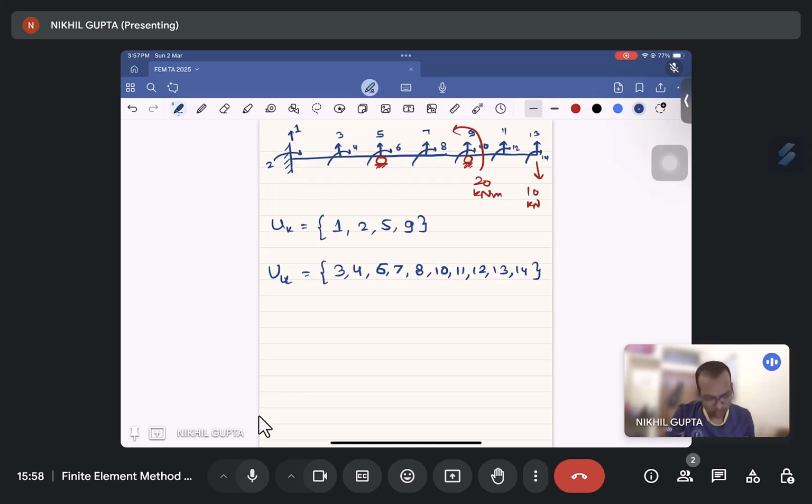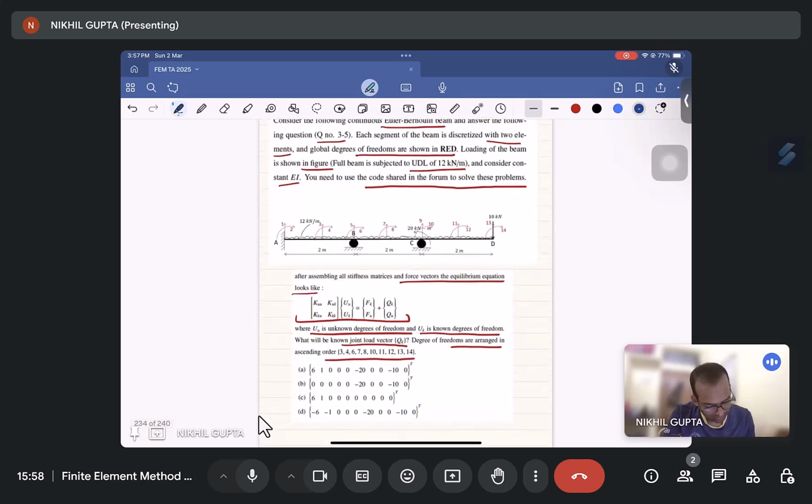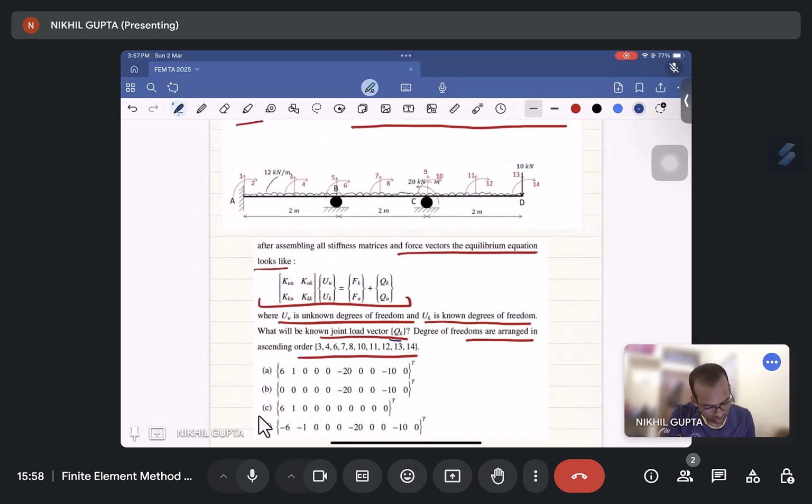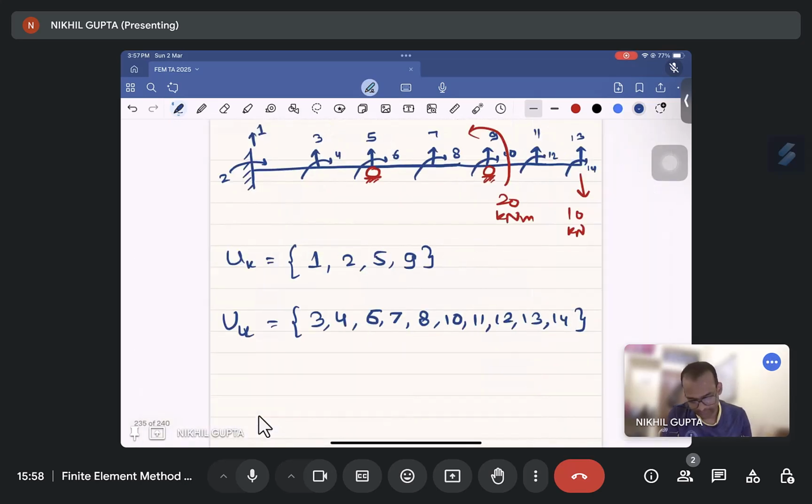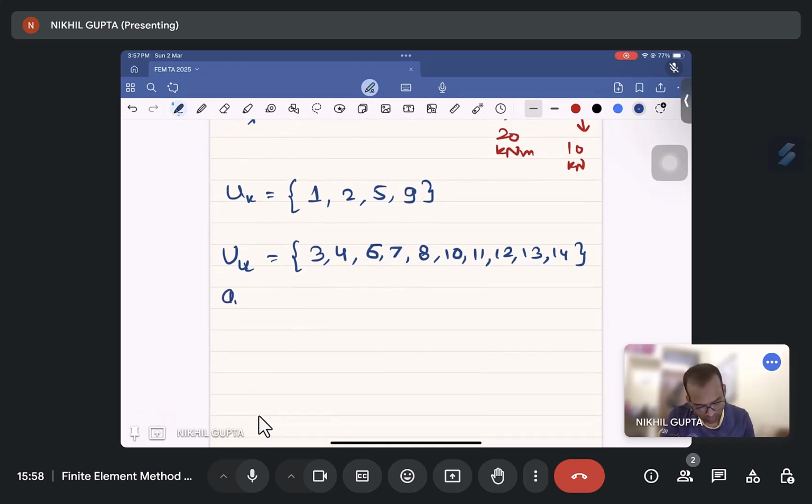Now in the first question it has been asked to find the Q of known. So Q of known is to be calculated. Directly by hand we can write Q for element 1.